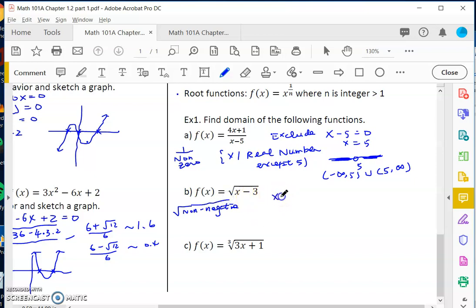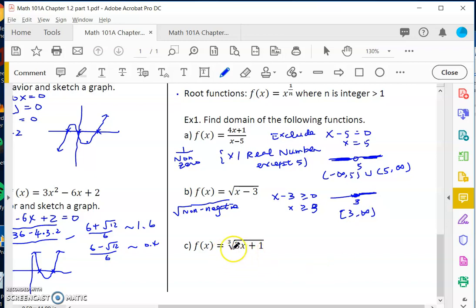We would say x minus 3 has to be greater than or equal to 0. So that means x has to be greater than or equal to 3. So on the number line, you start from 3 and then you have all the numbers here. So in terms of the domain, it would be 3 all the way to infinity.